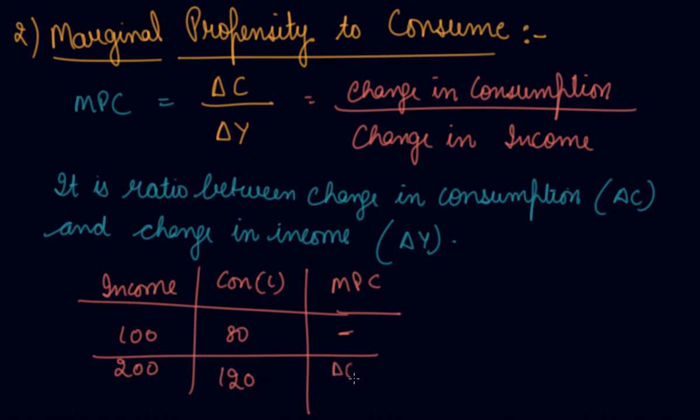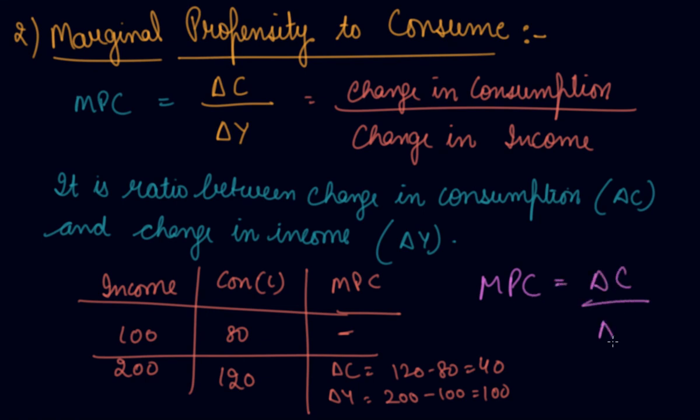So the change in consumption we can find as 120 minus 80, that is 40. And here your change in income is from 100 to 200, that is 200 minus 100, that is 100. So we can calculate your marginal propensity to consume, that is change in consumption expenditure over change in income. So 40 divided by 100 gives you 0.4, which is your marginal propensity to consume. This is very easy.